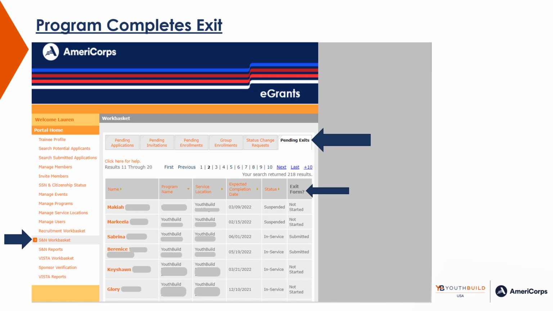This is telling you which members have submitted their exit form. So you can see in this list, 2 members have gone into AmeriCorps already and completed or submitted their exit form. Again, this Pending Exits page really is where you're going to manage your exit process. This is telling you that these 2 members are now ready to be exited.